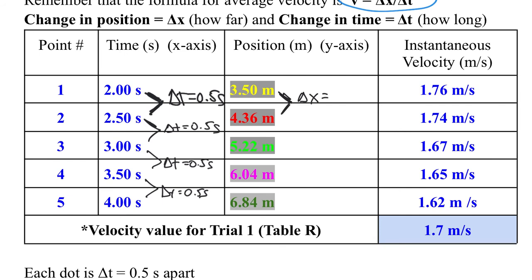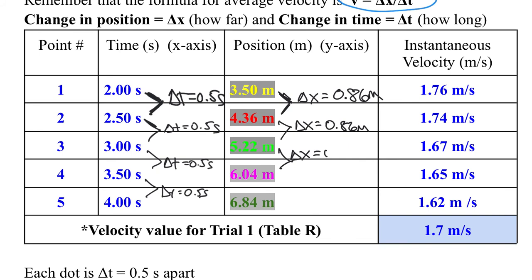Who's really good at mental math? Or you have a calculator. What is the delta x for this one? 86 hundredths, sure. Good. 0.86 meters. What about the next one? It is 86 again. What about this one? Is it 86?